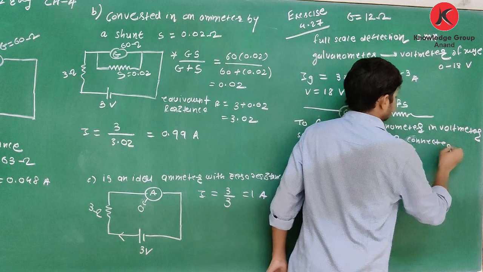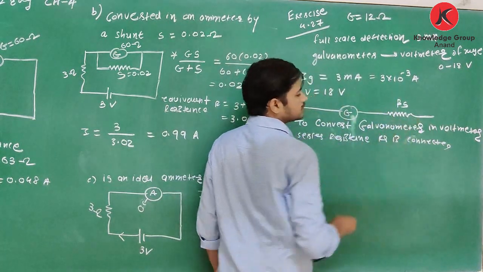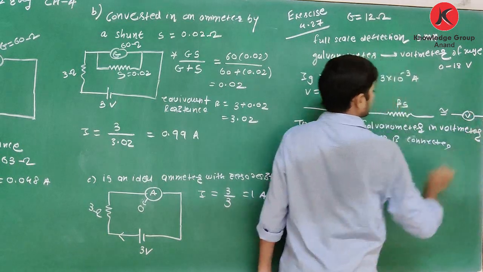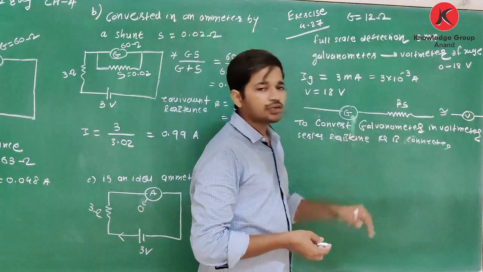Okay, so now this system becomes a voltmeter like this. Then we have to find what is the value of RS.